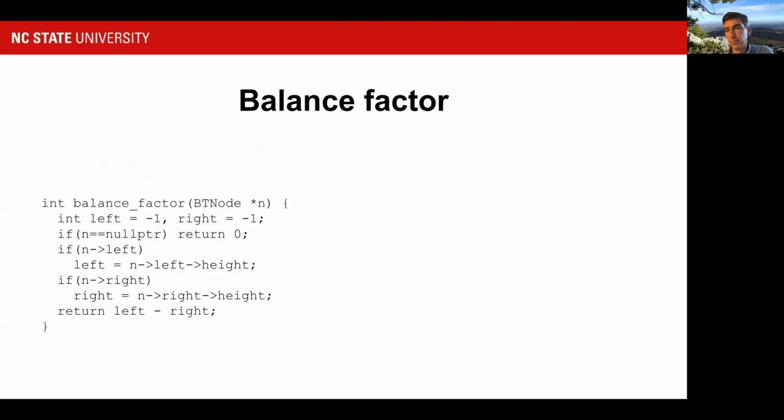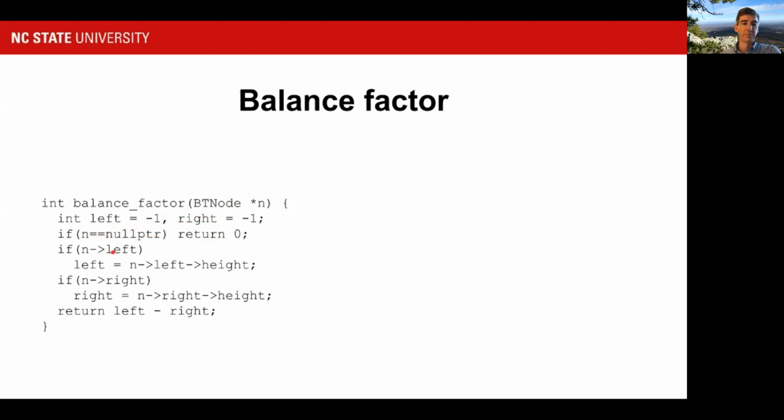And then we can write a simple function to calculate the balance factor of any given node that we need. The balance factor would just take into account the height from the left and right subtrees. So first we could initialize left and right to -1, and then if the node we pass in is null, then we can just return 0.